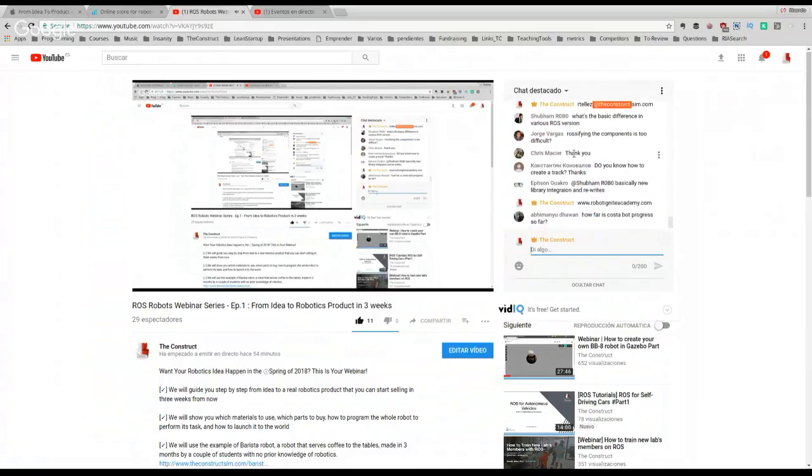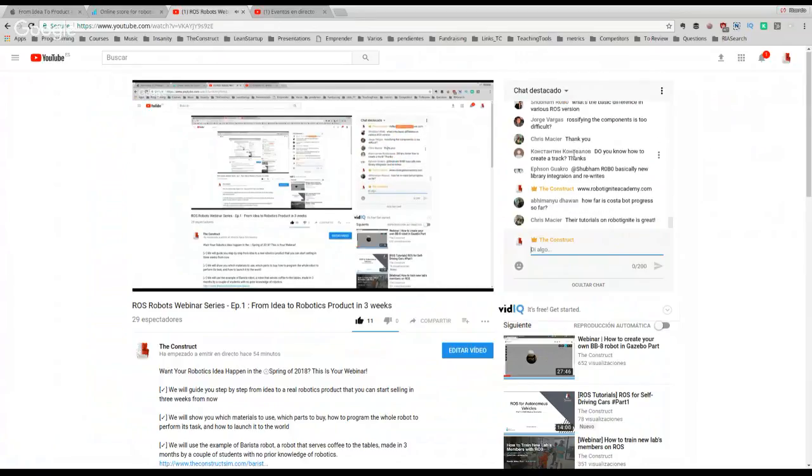Shubham says, what's the basic difference in various ROS-based versions? No, there is no basic difference. It's just new functionalities, errors that have been solved, and some additional functionality that has been added. But the core, the way that the nodes communicate, the commands, etc., remains the same.